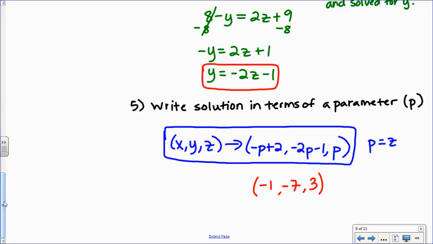This is just one example of an ordered triple that would work in that system of equations. But because I picked 3 for P, this had to be -7 and this had to be -1 based upon these equations. I really just said, let's say P is 3. But I could say P is 0. And then I just plugged them in.